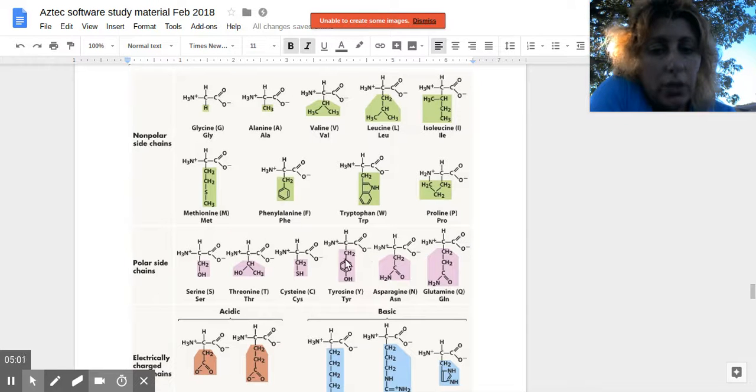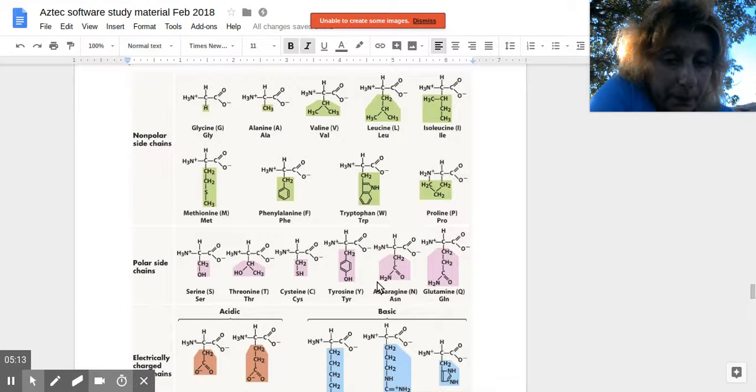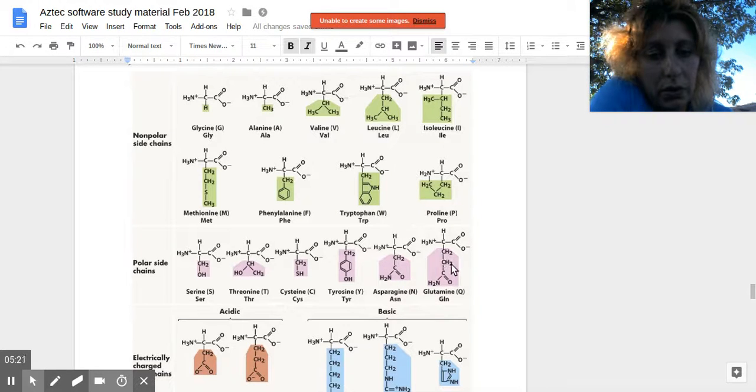Tyrosine has CH2, a 6-carbon alternating double bonds ring, and an OH group. Asparagine, CH2, carbon double bound oxygen, and NH2 group, so it contains nitrogen. Glutamine also has nitrogen, so it's 2 CH2 groups, carbon double bound oxygen, and NH2.